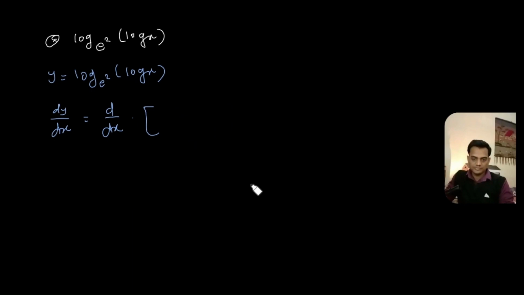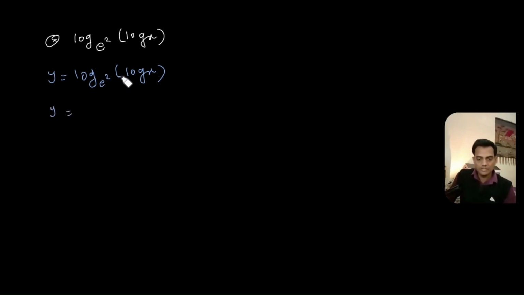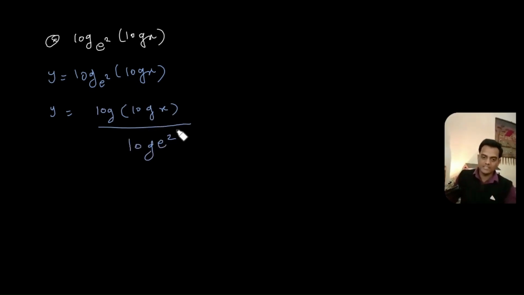So the first thing is that I have to simplify this. Y is equal to the log of x to the base log of e square. So I can rearrange this term as log of x divided by log of e square, and then I can take the derivative.